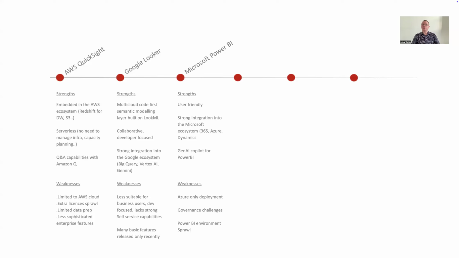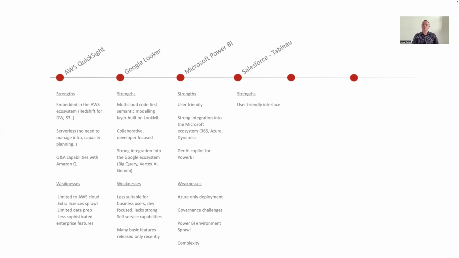And you end up with a lot of Power BI environment sprawl because it tends to spin up so many environments in order to achieve the Power BI capabilities. And it adds a lot of complexity, which is something that is there with Microsoft in general.